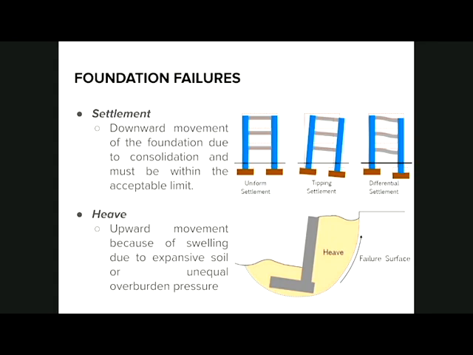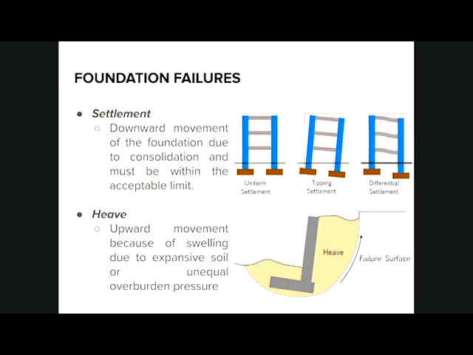This is also somewhat a form of bearing capacity failure, and this is also one of the failures that we need to avoid by designing the foundation the right way.